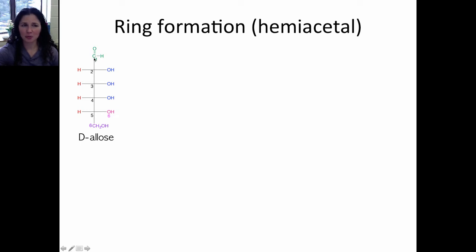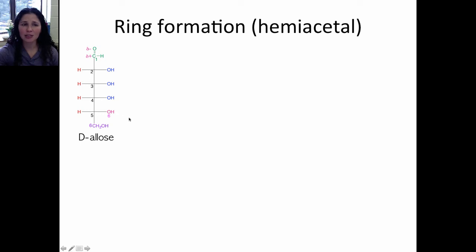This carbon is special because it has a double bond to oxygen, and this bond is very polar. Remember, oxygen is very electronegative and carbon is not very electronegative, so this bond is polar. I can show this by showing partial charge symbols, or I could write a dipole moment arrow here. It's important to understand that this carbon is partially positive and that every oxygen on the structure is partially negative.